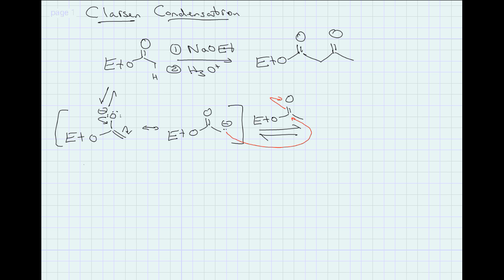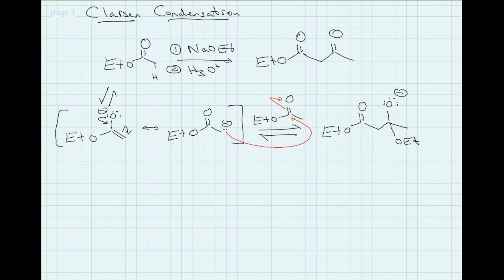Well, let me switch back to my black pen here. So at this point, we're going to draw out what we have, and we should have a tetrahedral intermediate. So at this point, we'll have a tetrahedral intermediate, and I'll draw out the whole thing. So we have our negative charge here. We have our methyl group, but now we have an ethoxy group down here, which can serve as a good leaving group.